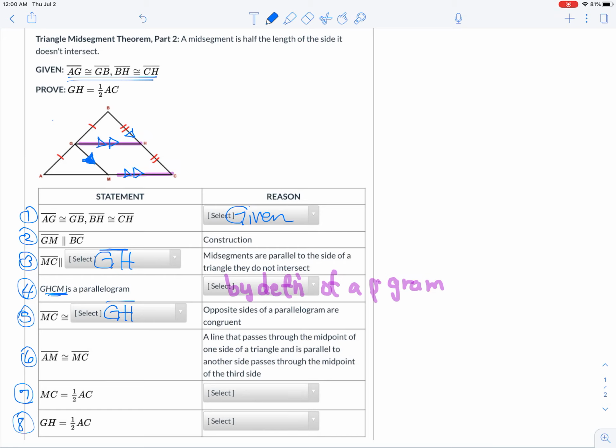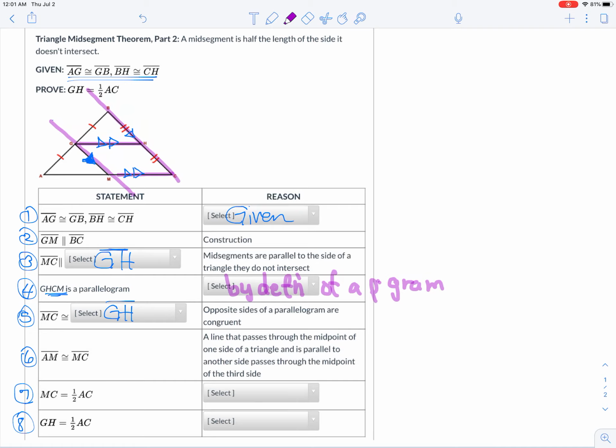And now, also, AM is congruent to MC because a line that passes through the midpoint of one side of a triangle and is parallel to the other side passes through the midpoint of the third side. That's this one. We're now looking at this side, and it's parallel to it, so this line actually cuts this one in half as well.